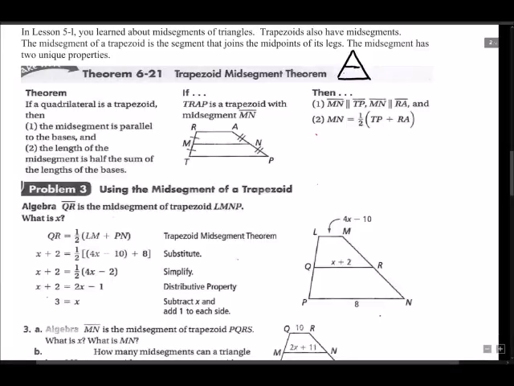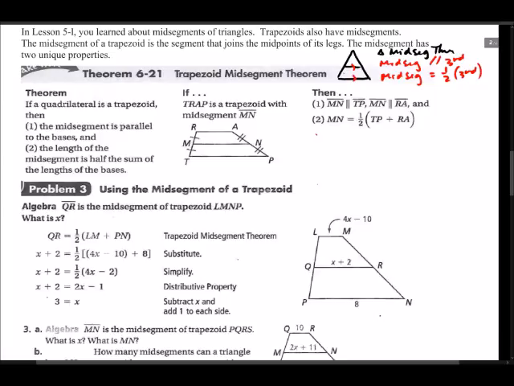It was our triangle mid-segment theorem. And what did we know about the mid-segments of a triangle? We knew that the mid-segment is parallel to the third side, and we also know that the length of the mid-segment equals 1/2 of the length of the third side.